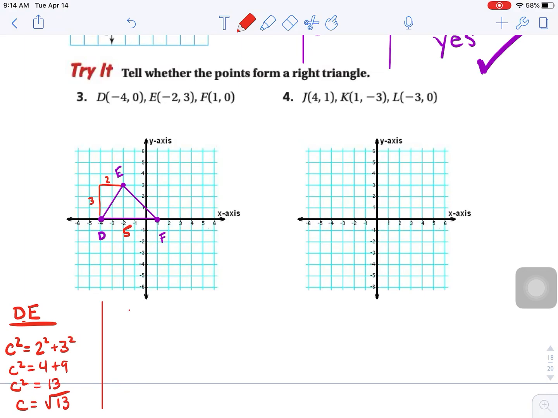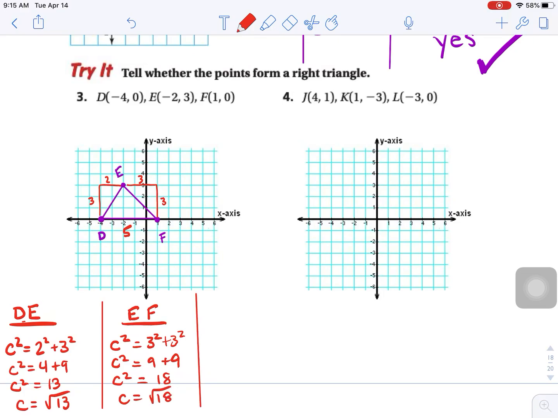All right, I can look at EF, and that triangle is a 3 by 3. So c is the square root of 18.